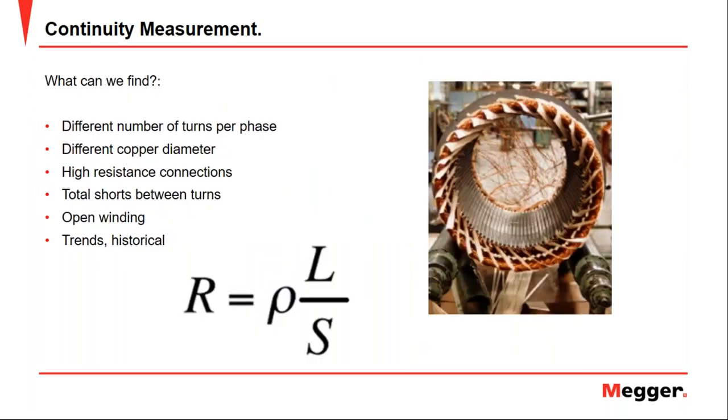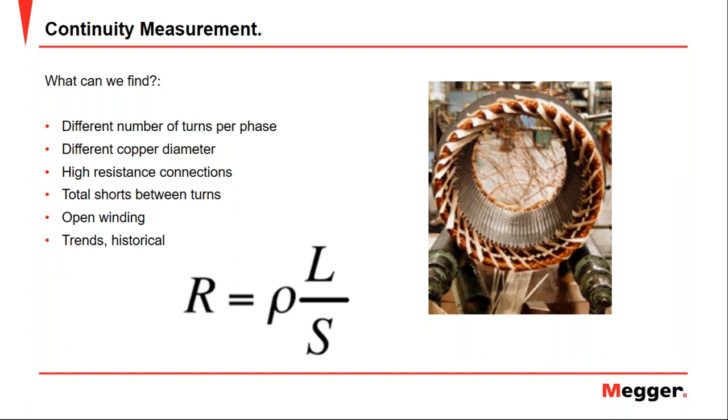What can we find? We know that the cable resistance is directly proportional to the length and inversely proportional to the diameter. So variation in the winding turns will result in variation in the motor resistance imbalance. Hence, we can detect the following problems. Different number of turns per phase: if we have a different number of turns, we will have a different length per phase and therefore variation in the resistance.